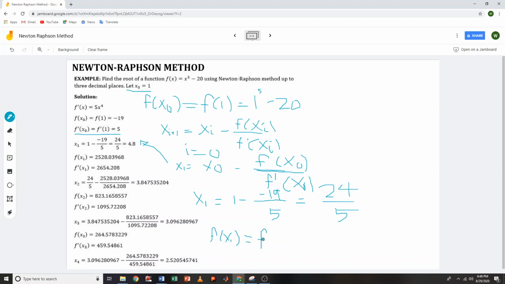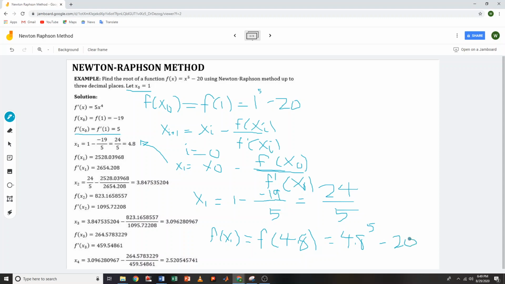So f of 4.8 is 4.8 raised to 5 minus 20.